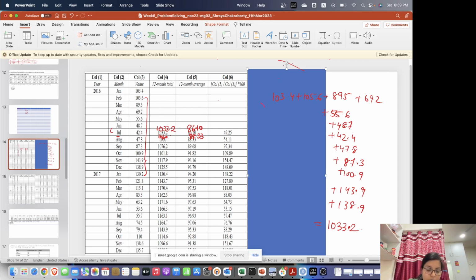Then 86.10 plus 88.33 divided by 2 would be 87.215. So then we are going to divide that by the value at this time point, that is 42.4.